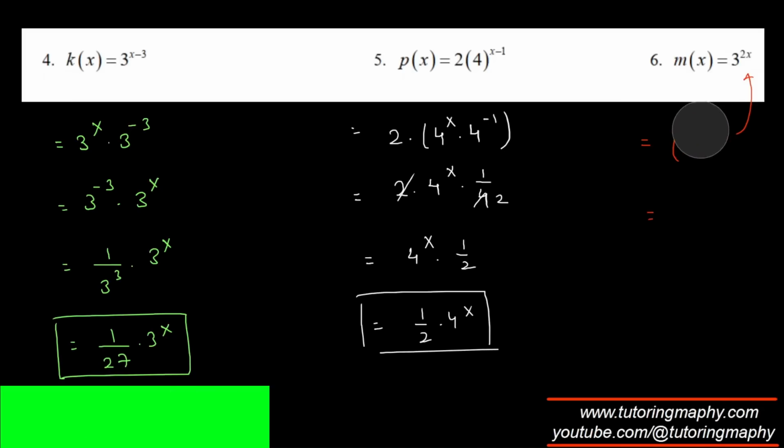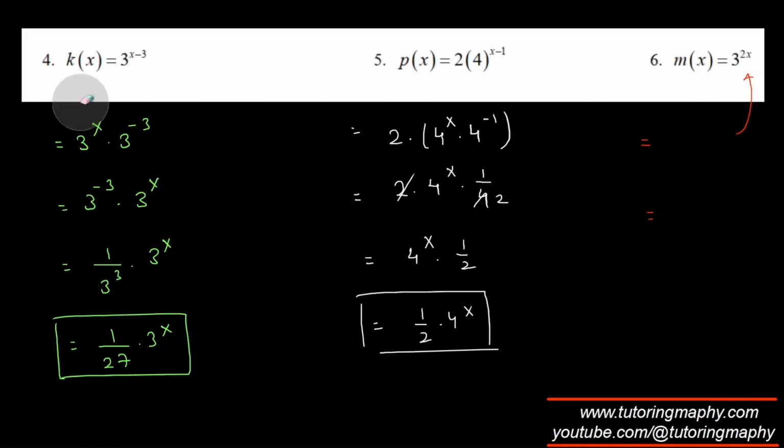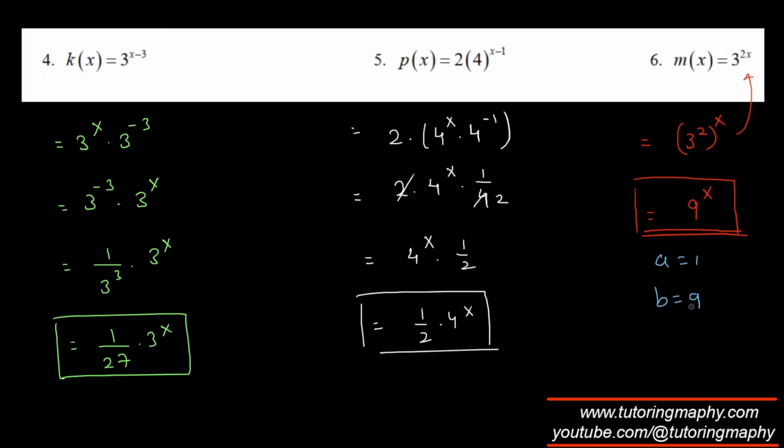Although it is the same thing, that's not going to help. But what will help us is if I write it as 3 square raised to x, because now I can replace 3 square as 9, and the power of x remains as it is, and this is indeed our form. You might be wondering, where is a? It is there. It's just 1, right? So a is 1 and b is 9. That's how it looks.